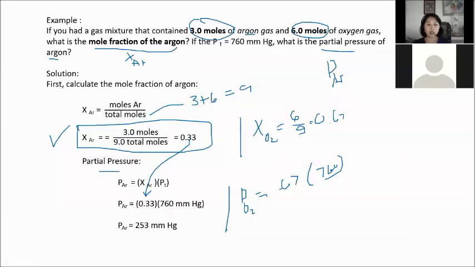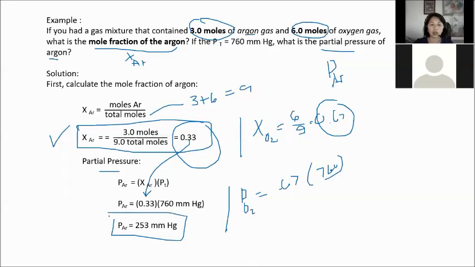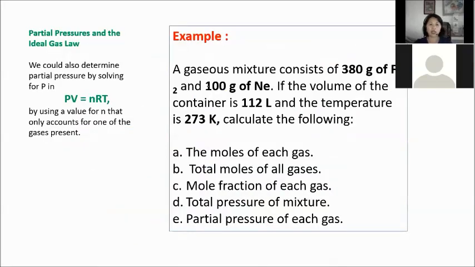By the way, if you want to check, dapat yung mole fraction ng Ar, i-add niyo sa mole fraction ng O2, the total must be 1. Similarly, when we add P of Ar to P of O2, the total must be 760 mmHg. That's the way of checking.